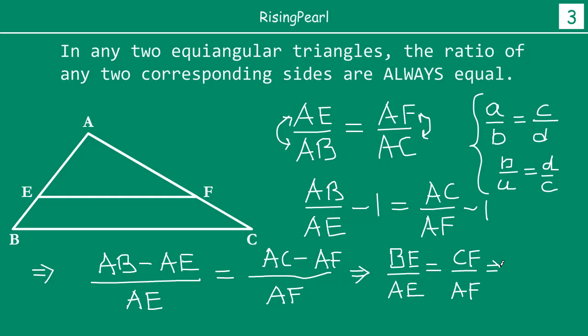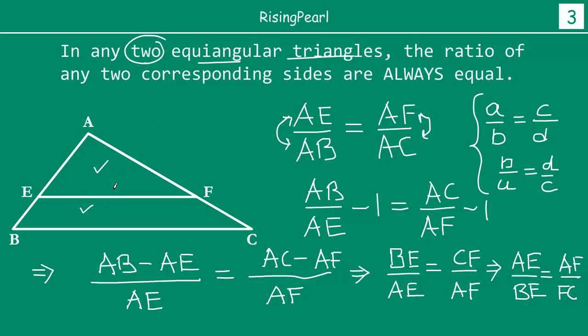Now you can simply again take the reciprocal, so we can write this as AE by BE is equal to AF by FC. Now friends, earlier we started out with taking two equiangular triangles, triangle AEF and ABC, the small and the big triangle.